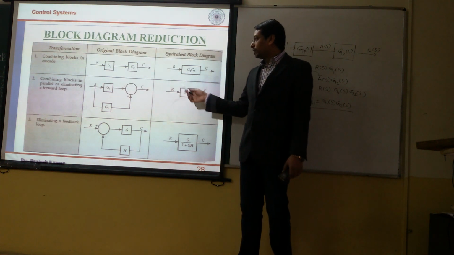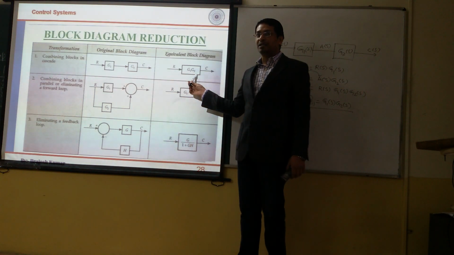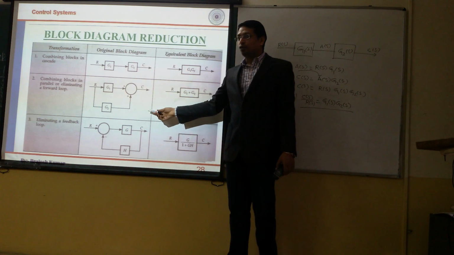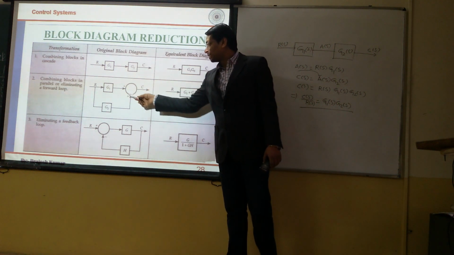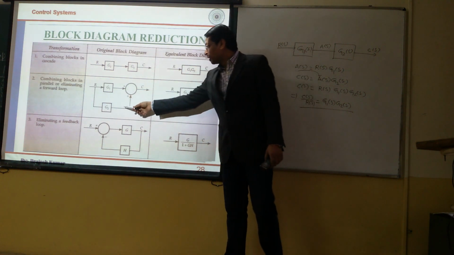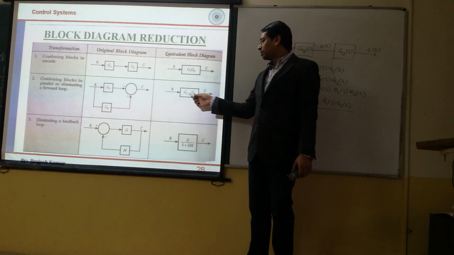Similarly, these two systems are the same but are represented by different block diagrams. Similarly, if you have two blocks combined in parallel form, note that for the parallel form, there is a summer, whether the sign is positive or negative does not matter. So what will you get? You will get G1 plus G2.